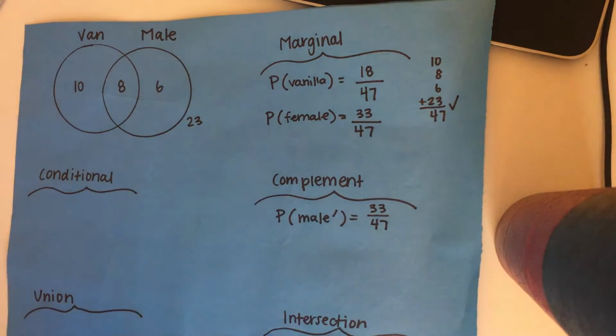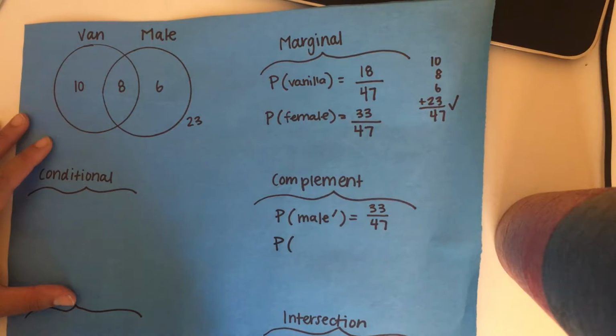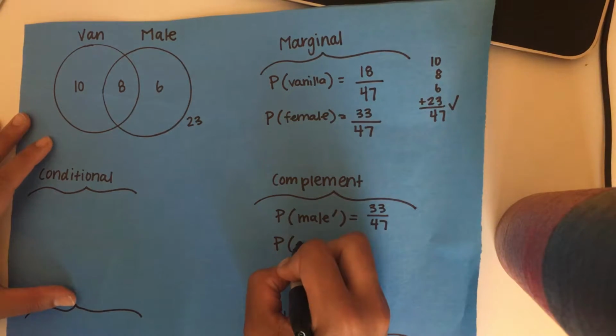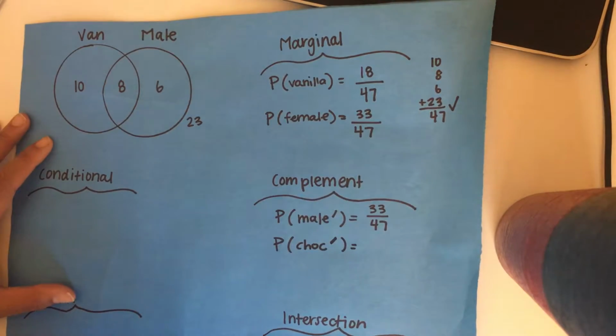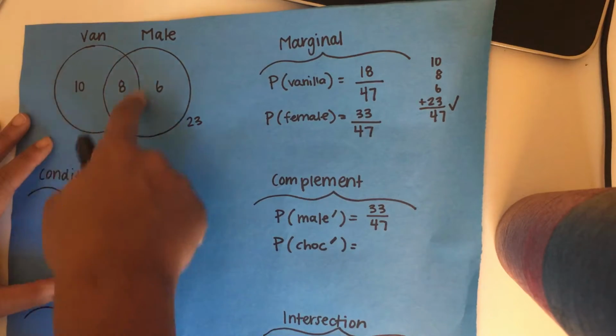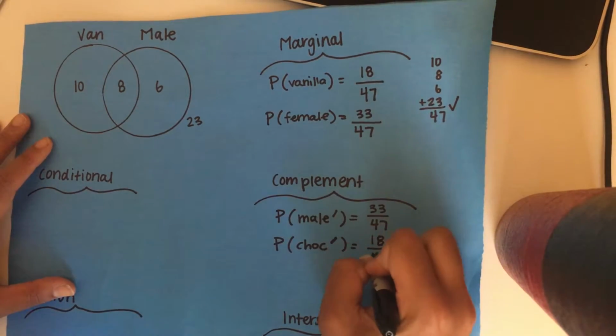Another example of a complement could be, what is the probability that someone does not like chocolate? If they don't like chocolate, then they must be in this vanilla circle. We know that the total number of people in that vanilla circle is 18.